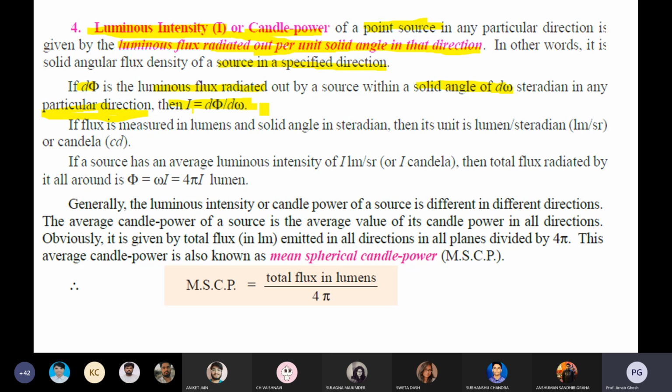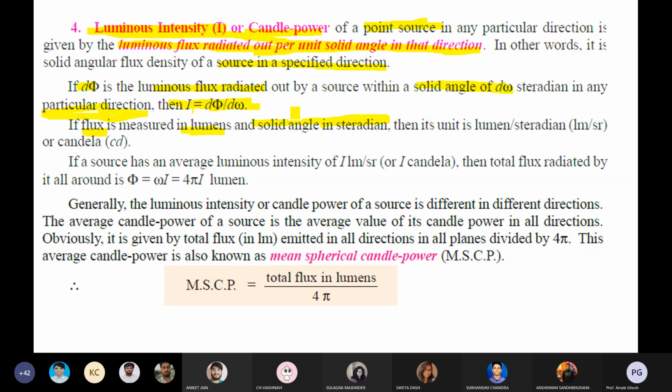If flux is measured in lumens, so flux is measured in which unit? Lumens. Please remember all those things. And the solid angle is in steradian, then the unit is lumen per steradian. So I equals d phi, the flux, by change of omega, the solid angle.